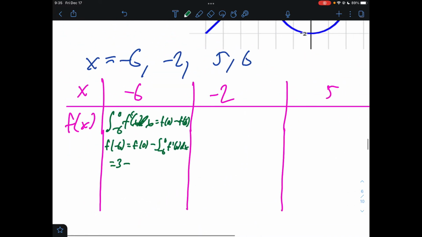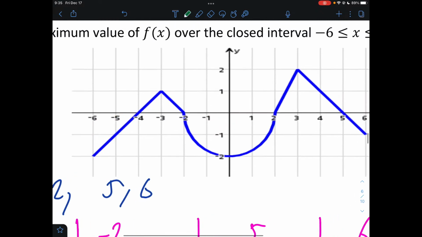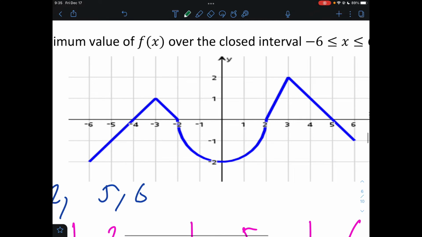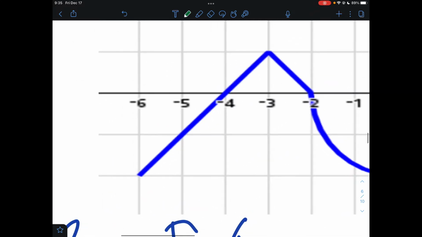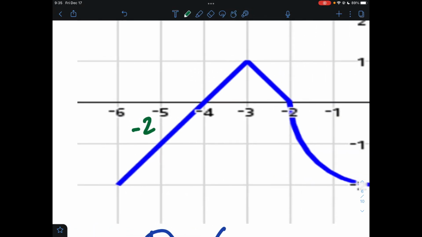minus the integral from negative 6 to 0. So this area, and this area, right? Let's just go through this and find all the areas one at a time. So the area of this triangle here would be 1/2 times 2 times 2, which is 2, but it's under the axis, so it's negative 2. The area of this next triangle, 1/2 times 2 times 1, which is 1.